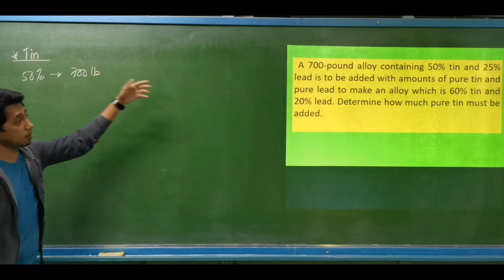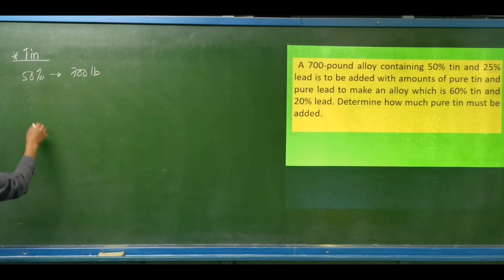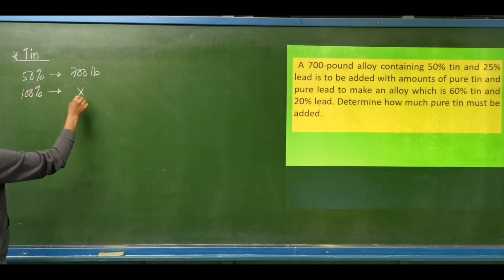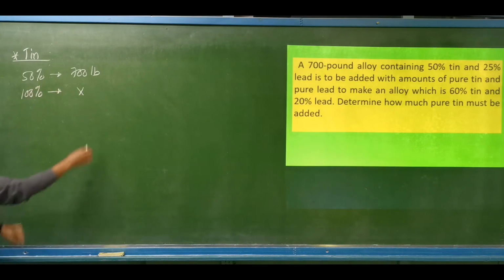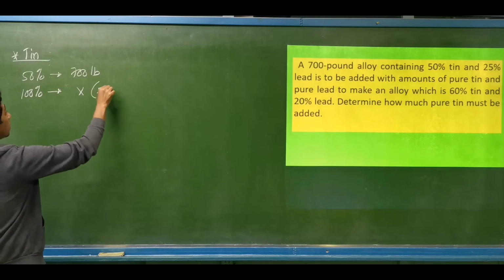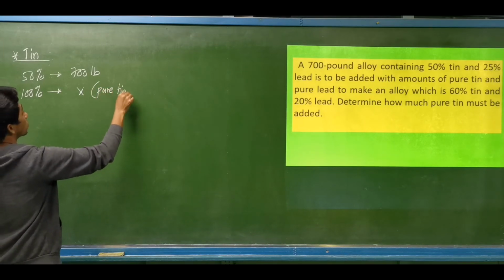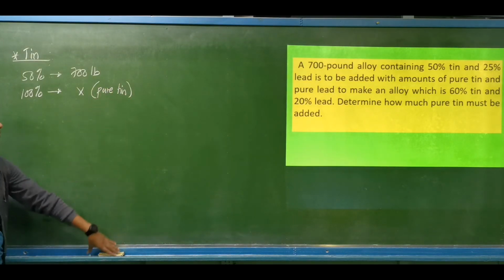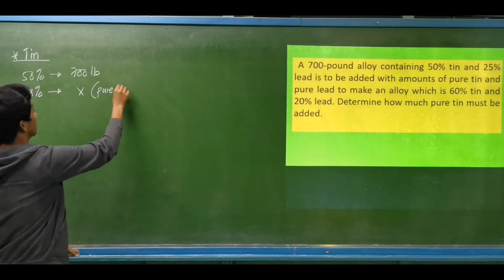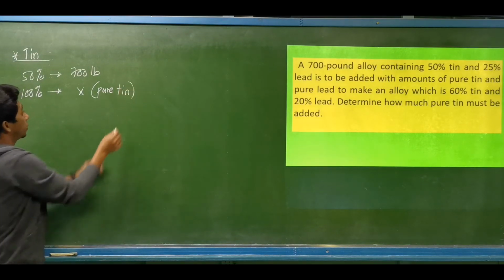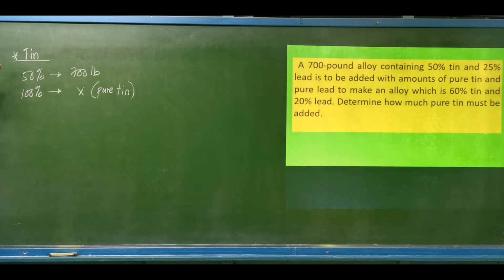Then we are to add pure tin. This is 100%. We don't know the amount, let's say X. Why is it 100%? Since according to the problem, we are to add pure tin, and pure tin means 100% tin.